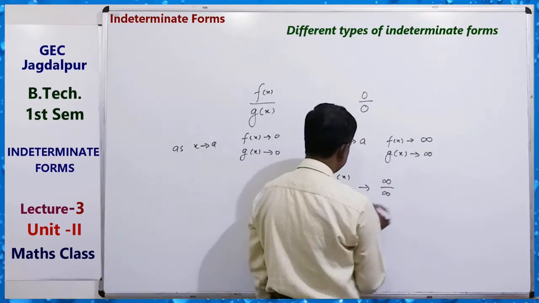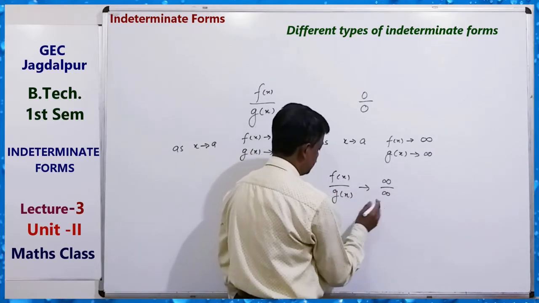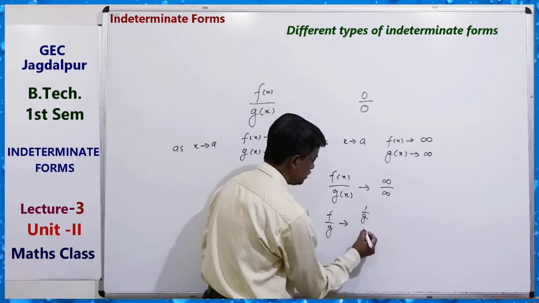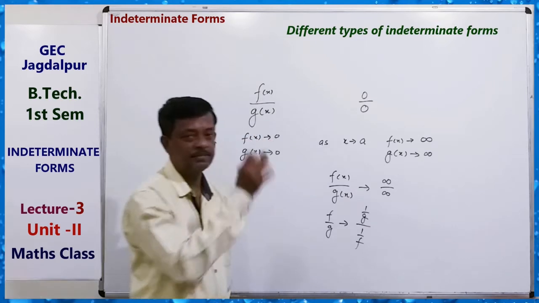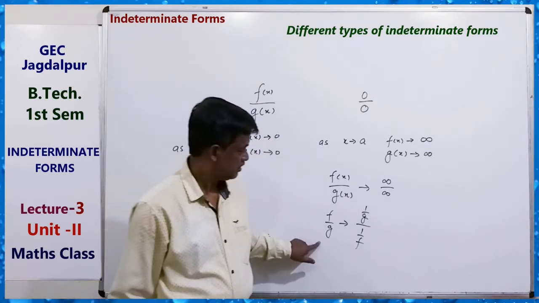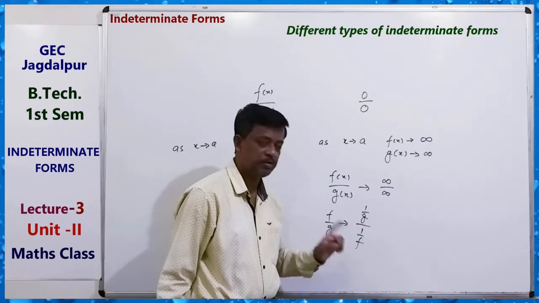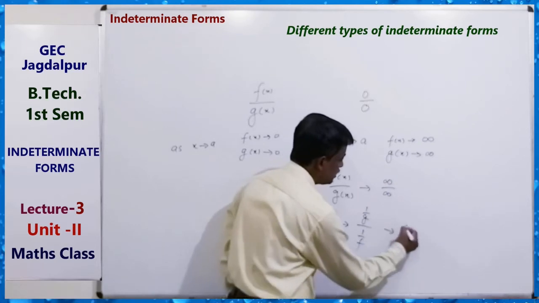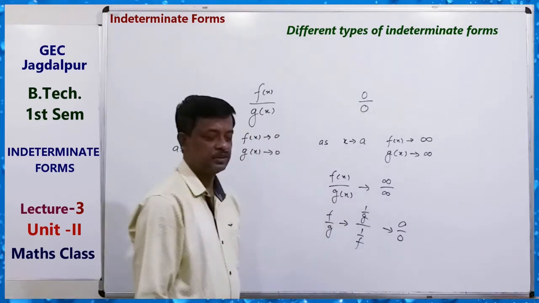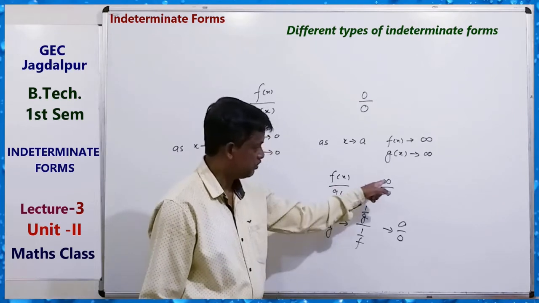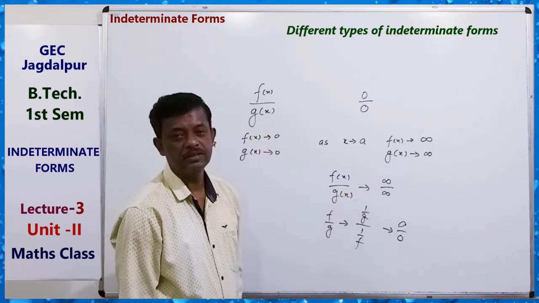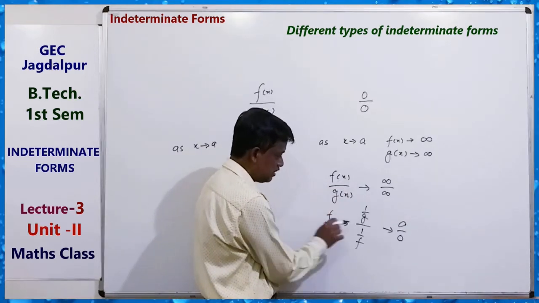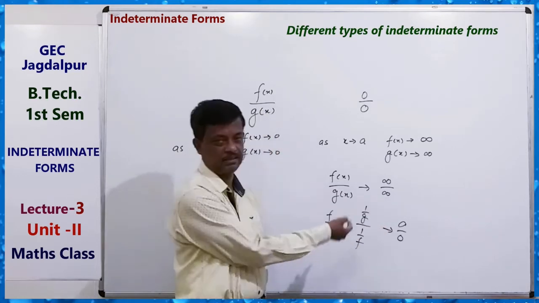Just like this. f(x) by g(x), f by g tending to 1 by g upon 1 by f. We can write this as 1 by g, 1 by f. So here g tending to infinity, f tending to infinity means this is tending to 0 by 0. So infinity by infinity can be written in terms of 0 by 0. Just we can write like this.